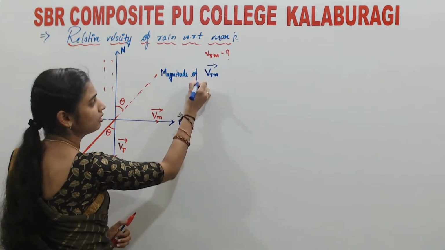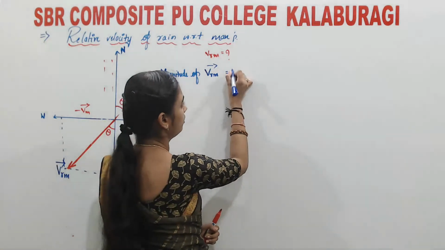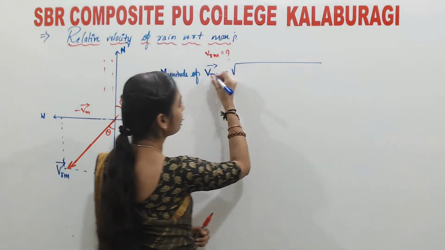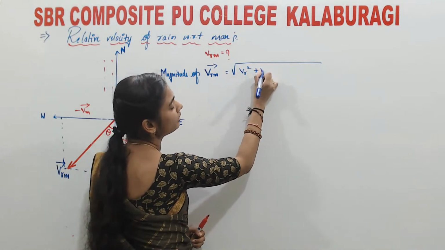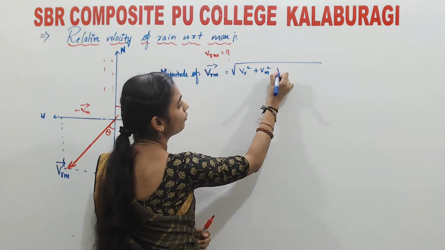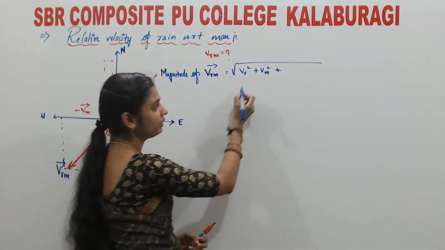Magnitude of VRM can be written as under root of VR square plus Vm square. What are the two velocity vectors you can see? Vr and Vm, isn't it?